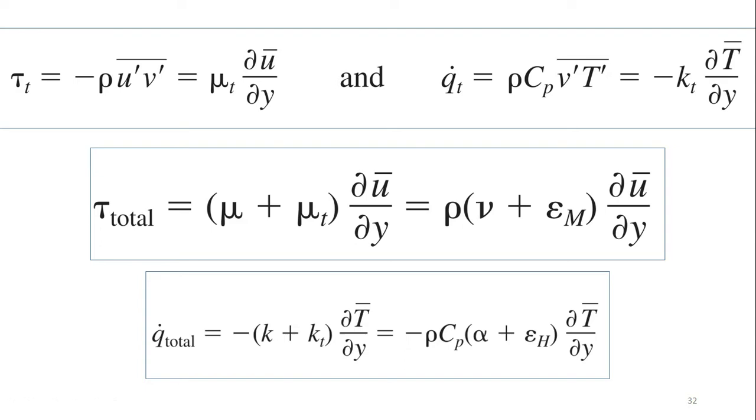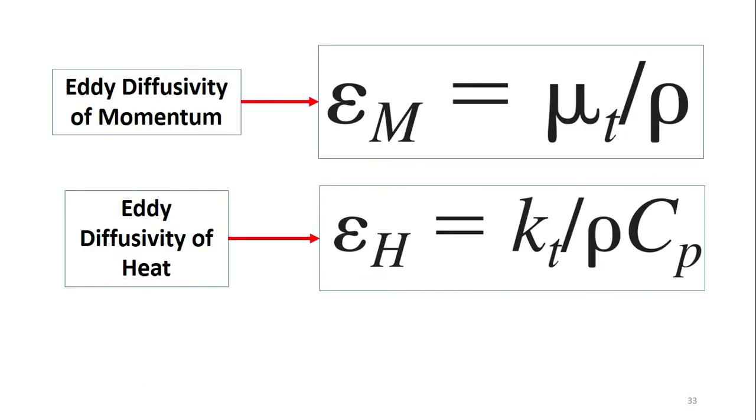They mainly depend on the flow conditions. So the eddy diffusivity of momentum and the eddy diffusivity of heat decrease towards the wall, ultimately becoming zero at the wall.